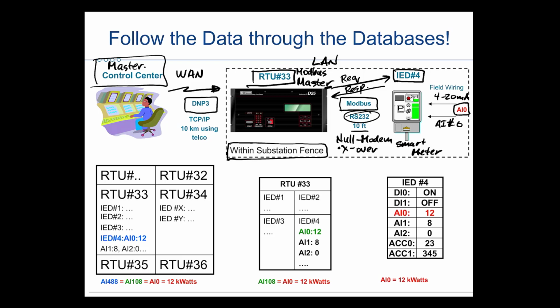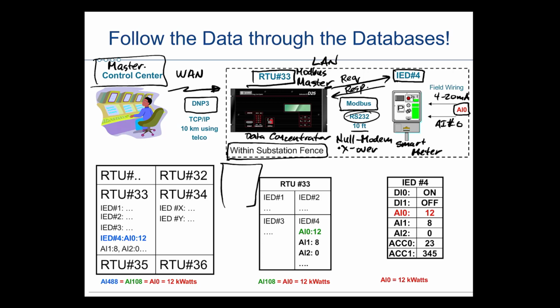So once the RTU has the information from all its local area network connections, then the RTU, remember, is a data concentrator. And so what's the job of the data concentrator? To gather all the data via communications at its local area network connections and concentrate it into one database.